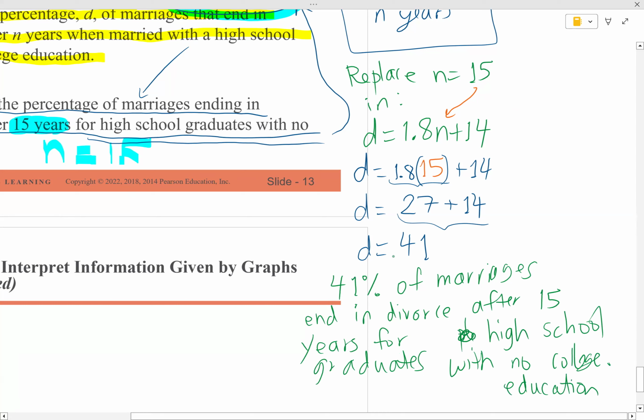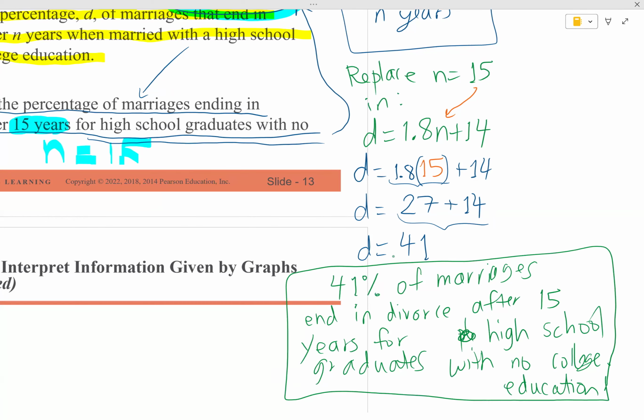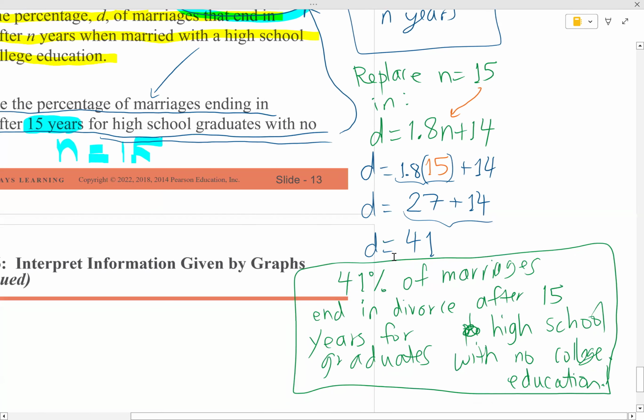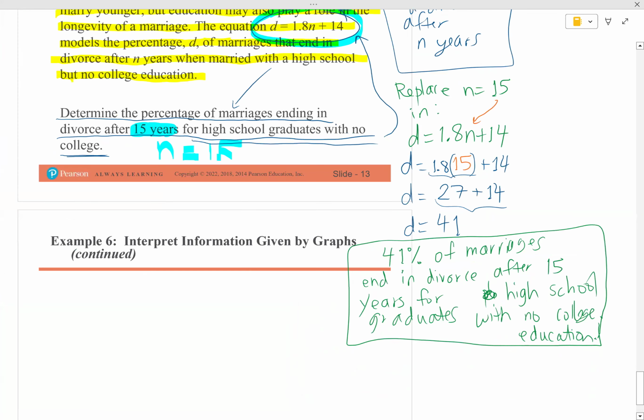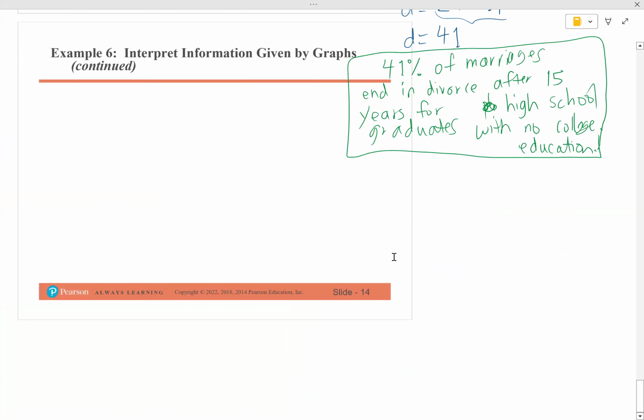When I say with no college, it makes it sound like they don't own their own college. I don't mean it like that. I wish I owned my own college. That'd be pretty sweet. Anyway, that's it. All right, there you go.